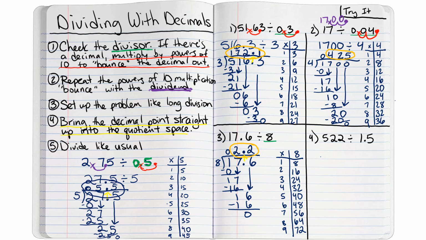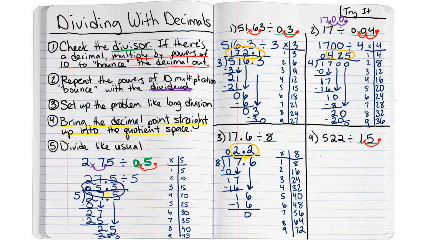And then for our last problem, this one looks harder because I've got a bigger number in my divisor, but I'm still going to use all my same steps. So first I'm going to check my divisor. Do I have a decimal number? Yes, I do. Since I have a decimal in my divisor, I've got to multiply by powers of 10.